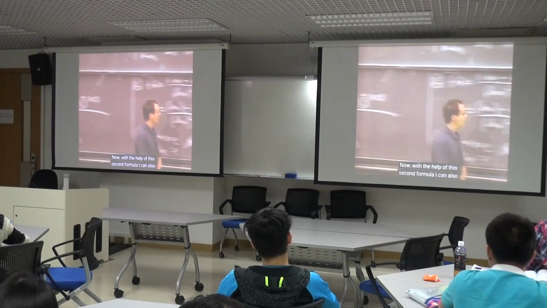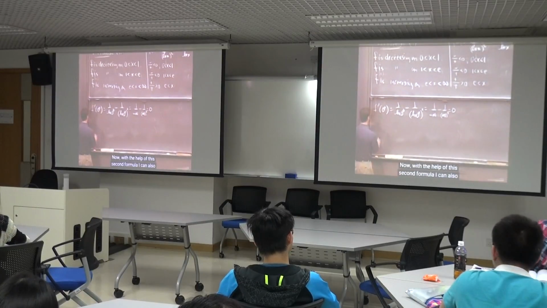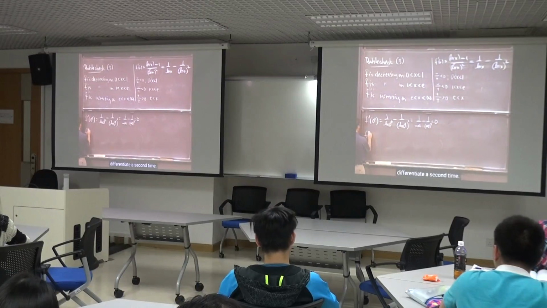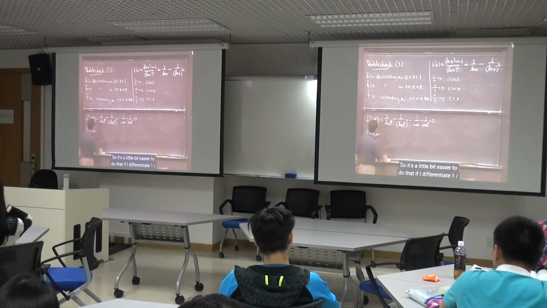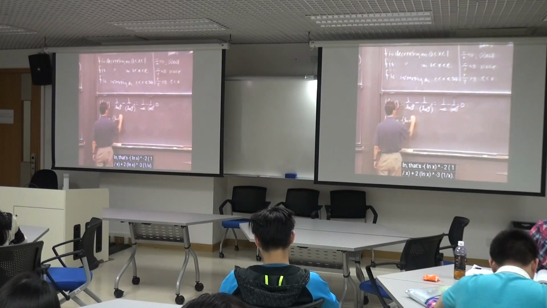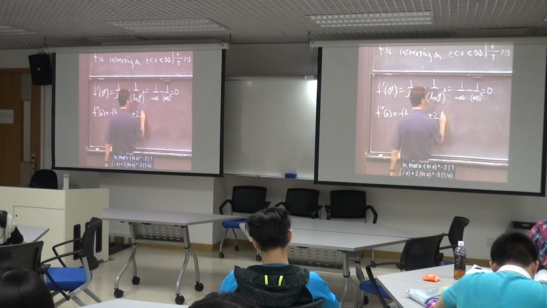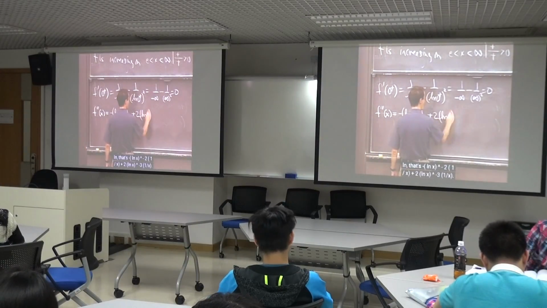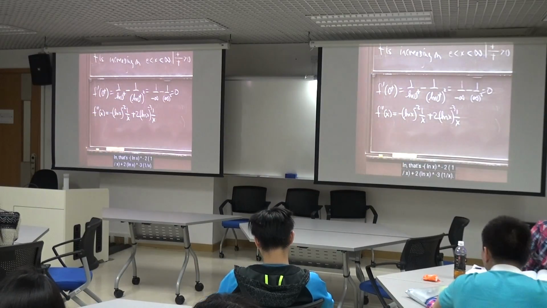Now, with the help of this second formula, I can also differentiate a second time. It's a little bit easier to do that. If I differentiate 1 over the log, that's minus log x to the minus 2 times 1 over x plus 2 log x to the minus 3 times 1 over x. All right?